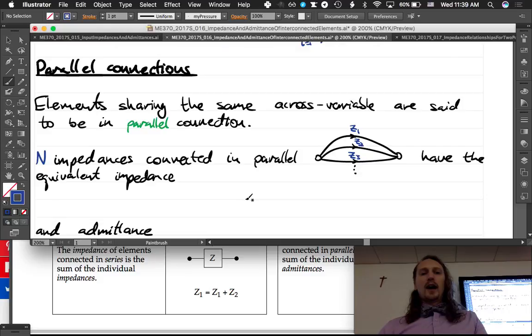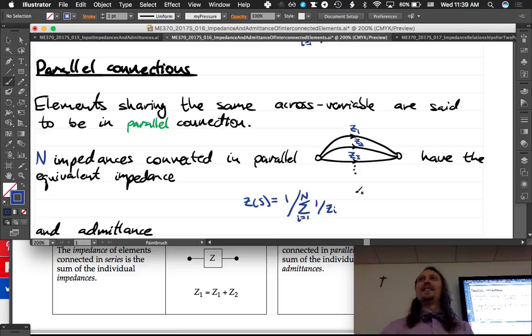I'm going to write Z of S equals, and then I want you guys to tell me the next thing to write. 1 divided by the sum from i equals 1 to N. Nailed it.